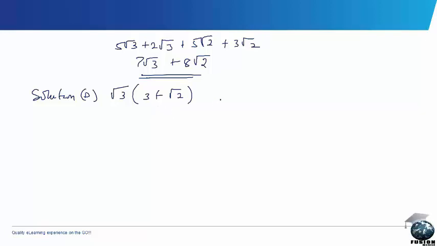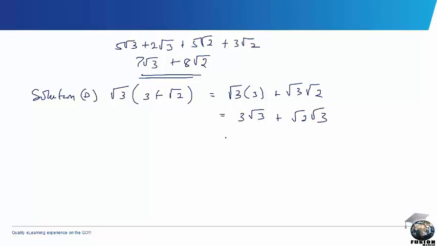Okay, we can multiply into the brackets, so we expand the bracket, so it becomes root 3 times 3 plus root 3 times root 2. Okay, so from here we have 3 root 3, and here we have plus root 2 and root 3.